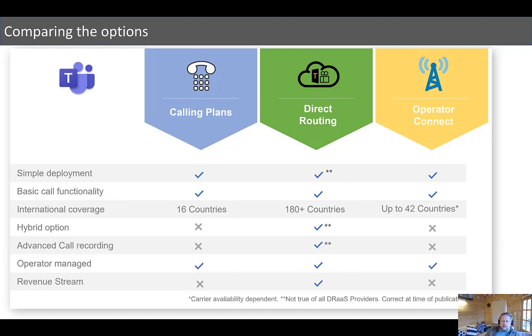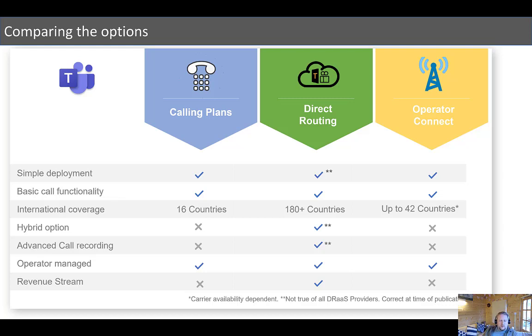Whereas with direct routing, because a lot of the direct routing providers are also aggregators, there's a lot more coverage for countries where they can provide numbers and PSTN breakout. So although that number will probably go up in terms of Operator Connect, direct routing already has good coverage. I don't think we're going to see a huge amount more on calling plans.